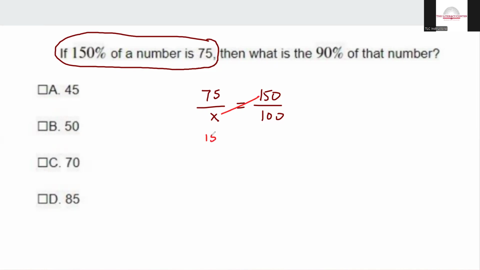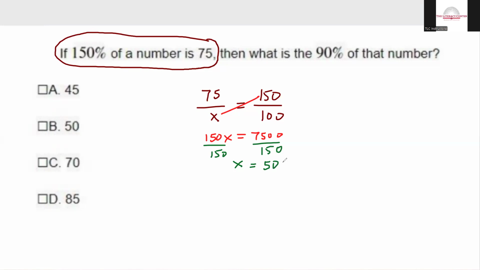So 150x is equal to 7,500. And then we divide both sides by 150. 7,500 divided by 150, x is equal to 50.